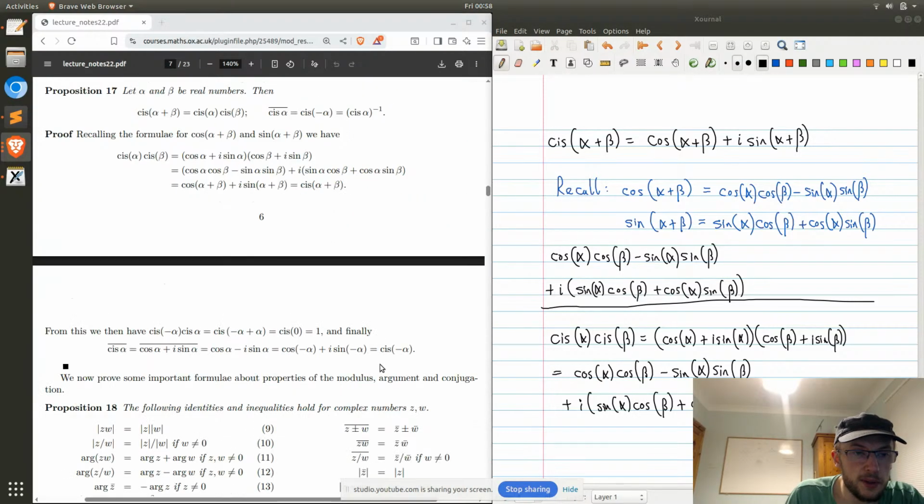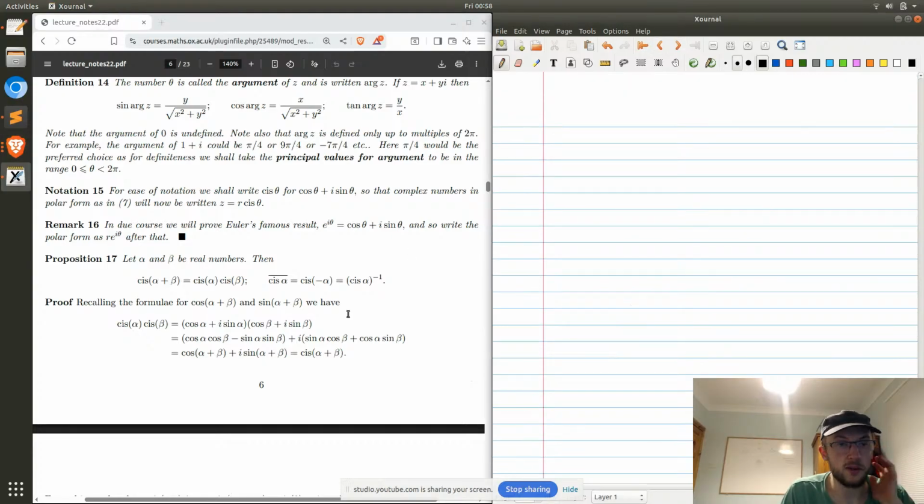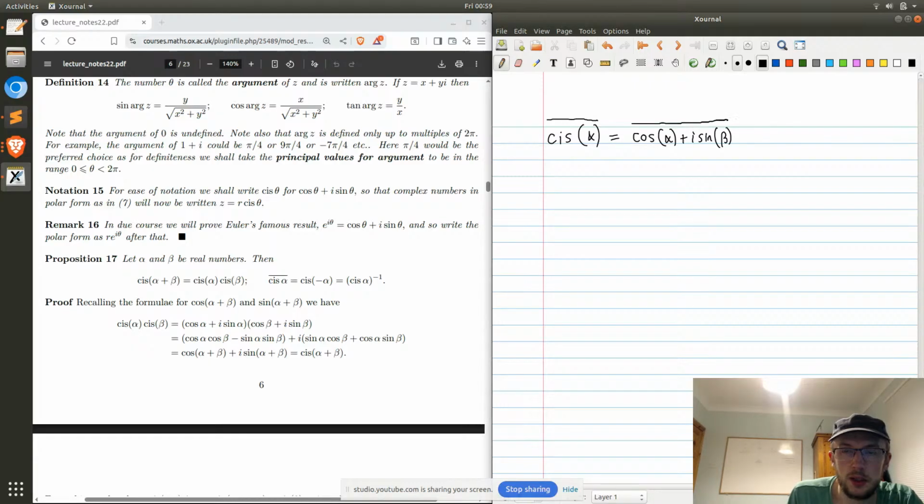Okay, now for the other stuff. Now, I just glanced and I saw a single line for their proof. So the conjugate of cis alpha, well, by definition, that would be the conjugate of cos alpha plus i sine beta.